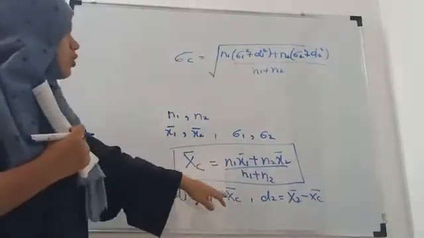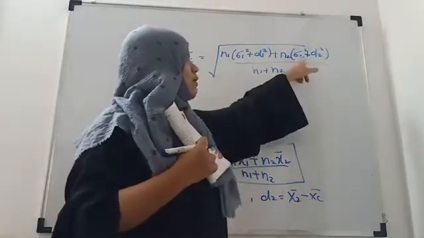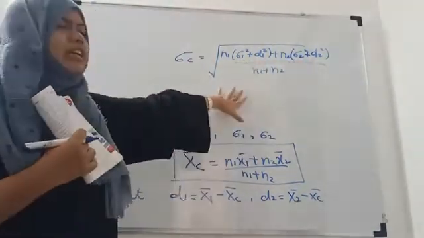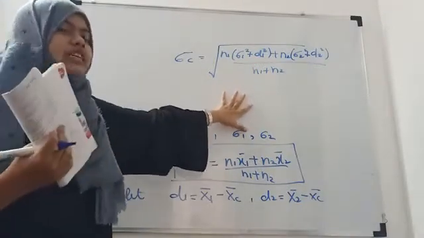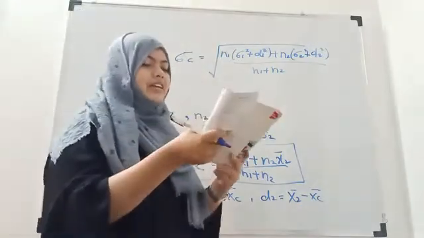The d2 is x2 bar minus xc bar. Sigma 1 and sigma 2 are given to us, they are the standard deviations for the first and the second group respectively. So this is the formula for the combined standard deviation.